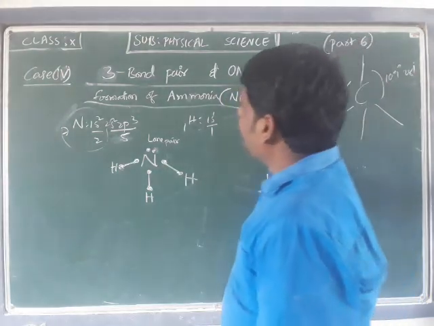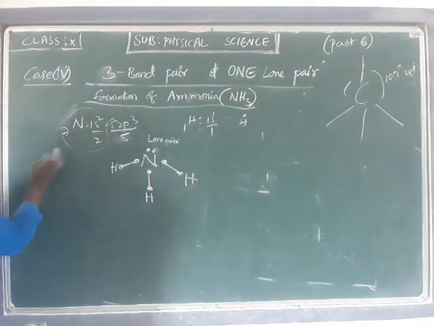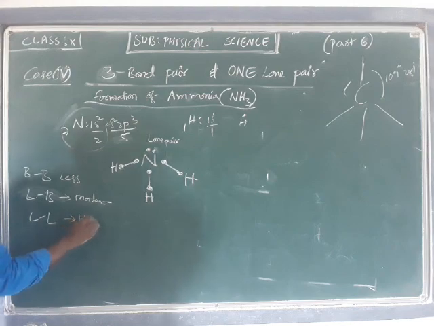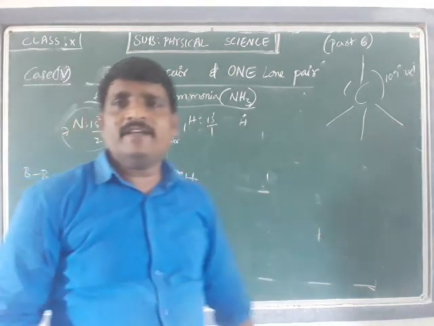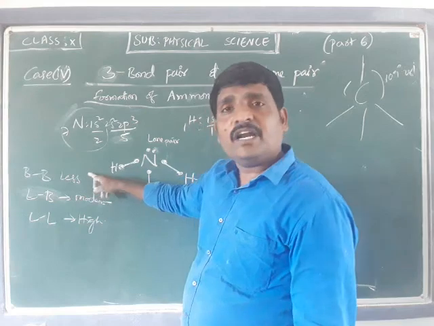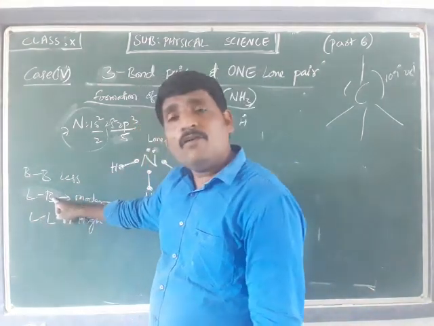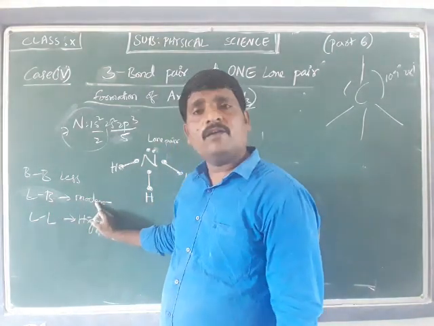But when we compare the repulsion, bond pair and bond pair has less repulsion. Bond pair and lone pair has somewhat moderate repulsion, whereas lone pair and lone pair has high repulsion. So compared to bond pair repulsion, the bond pair and lone pair repulsion is more.